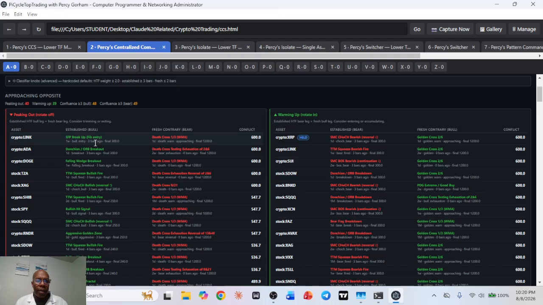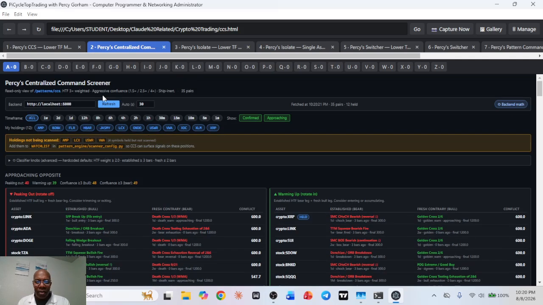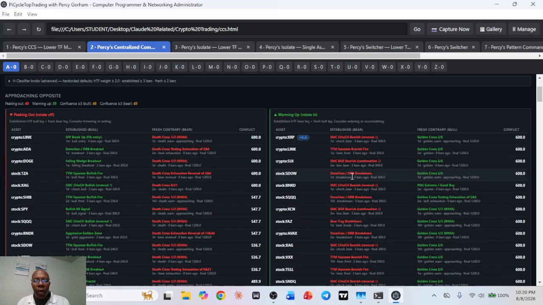This is what this is about. At the same time, it is a screener. So it's going to start screening things and giving it a score based on where it is and what can potentially cause it to go down, or what assets can potentially go up.